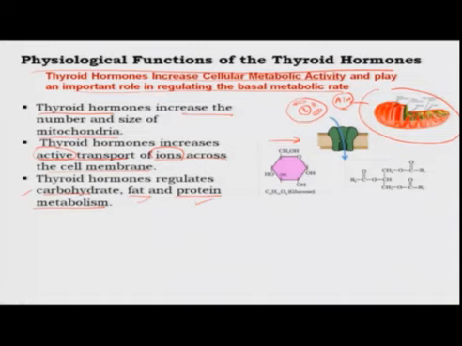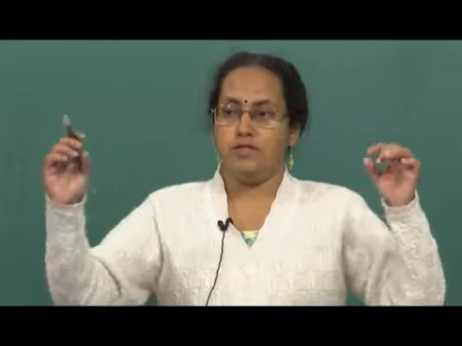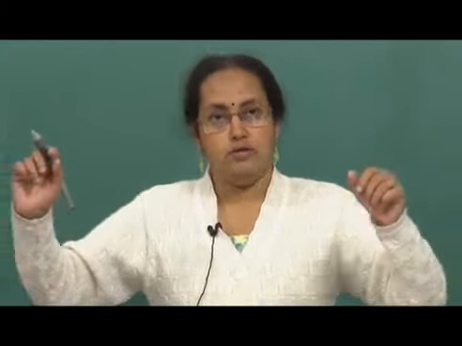Now, carbohydrates are present in many forms in your body. The storage form is called glycogen, which is actually a number of glucose molecules attached to each other. So, they form a long string of glucose molecules, and this is what is called glycogen. Fat can also be stored in this form.